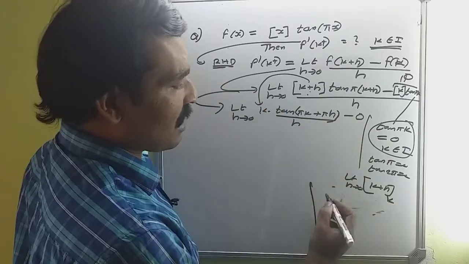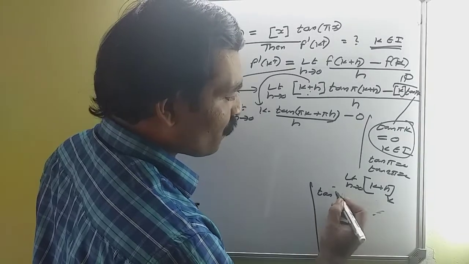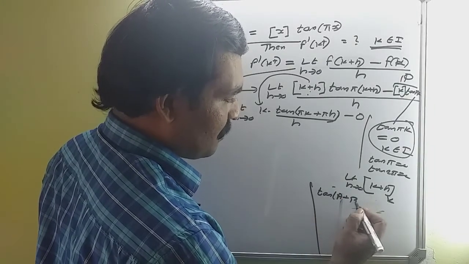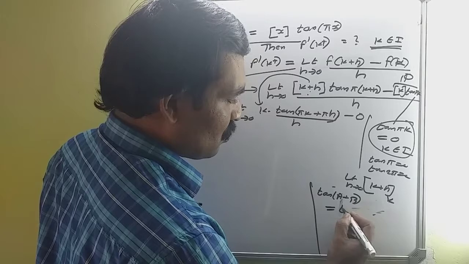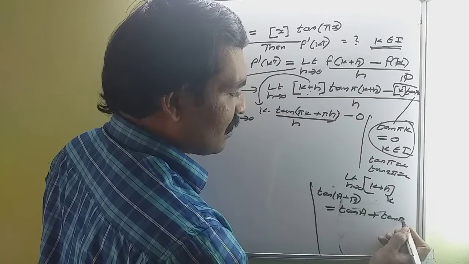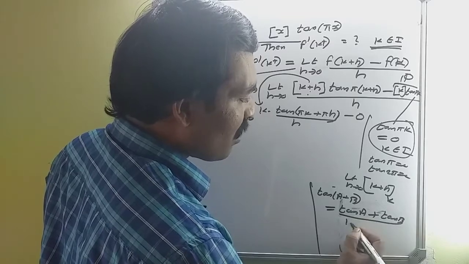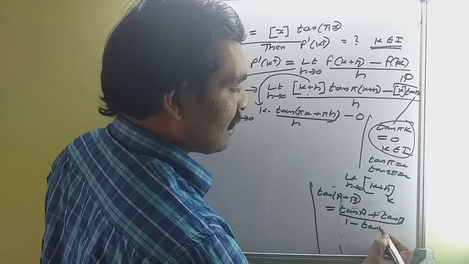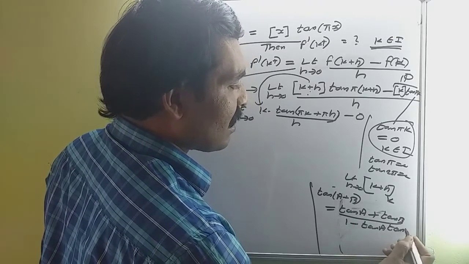Tan of a plus b is equal to tan a plus tan b divided by 1 minus tan a tan b.